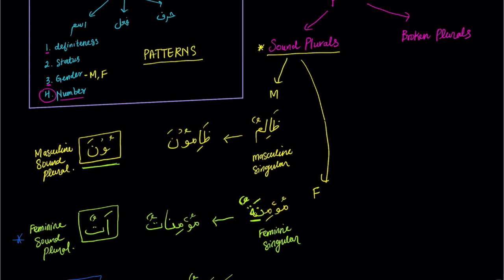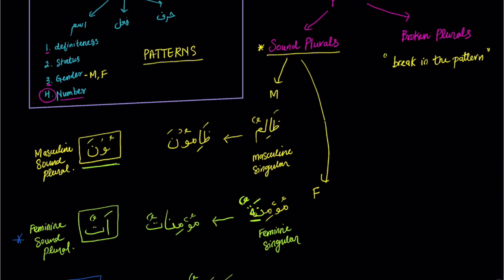Now what about broken plurals? Broken plurals are formed by a change of vowel pattern from the singular to plural. So broken plurals, it's a break in the pattern. Basically there's no pattern, like how we saw in the sound plurals, there's a very specific pattern for the masculine ism and the feminine ism.